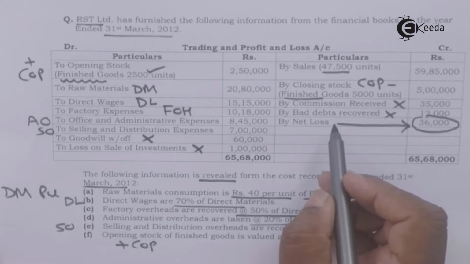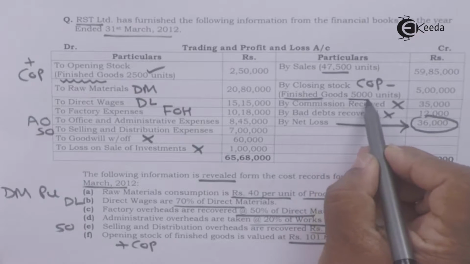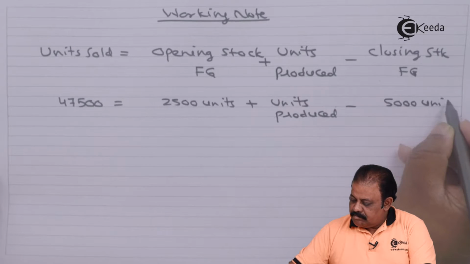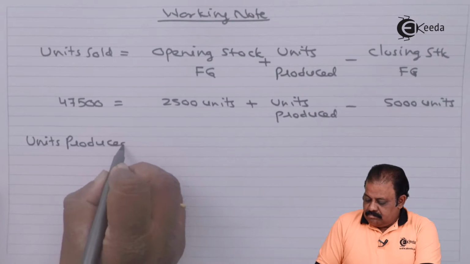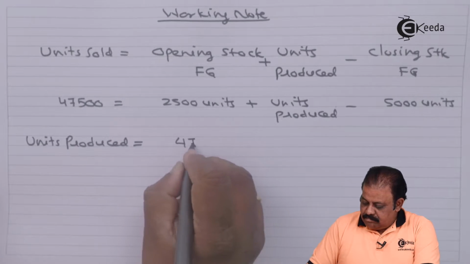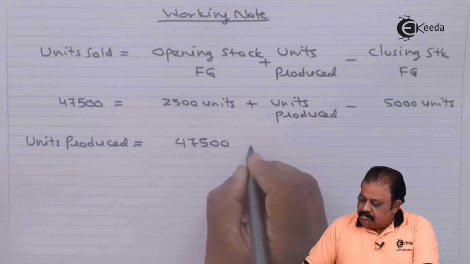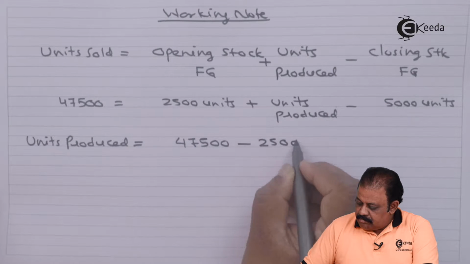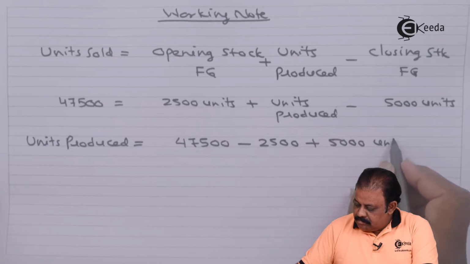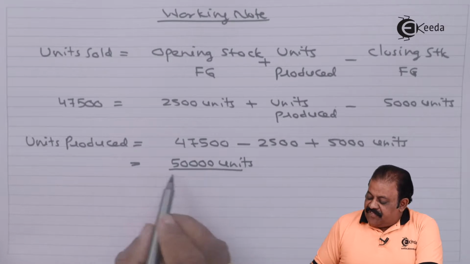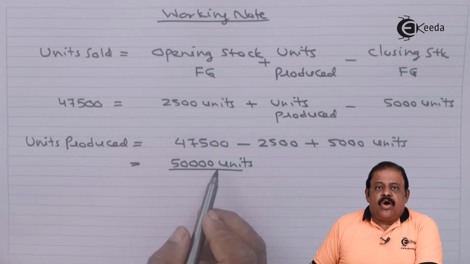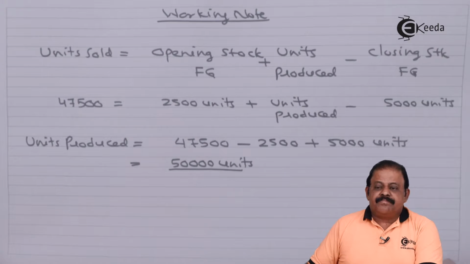Closing stock of finished goods 5,000 units. So units produced are 50,000 units. That is what we got from this working note.